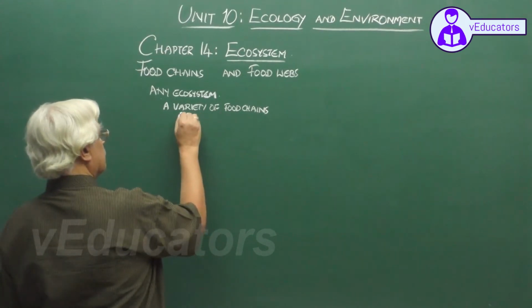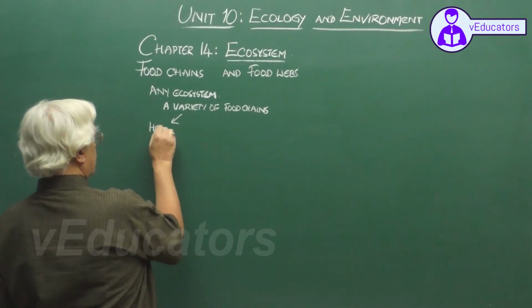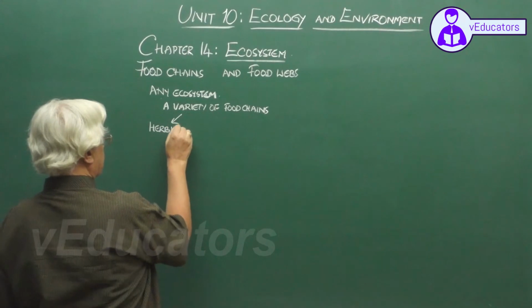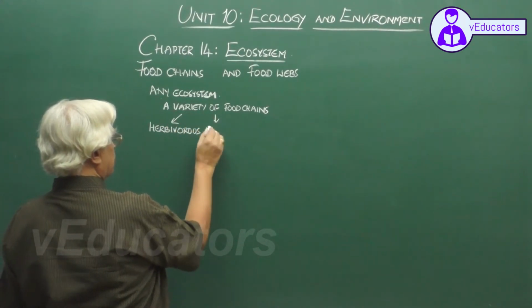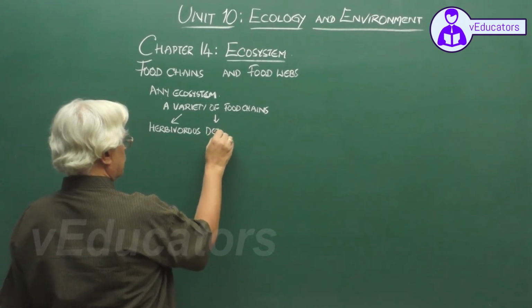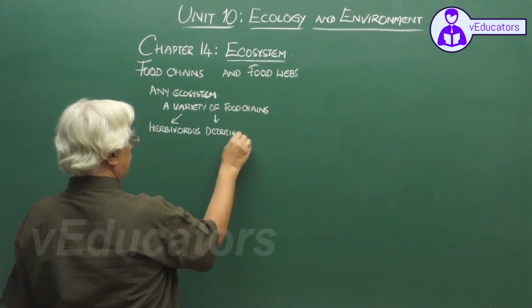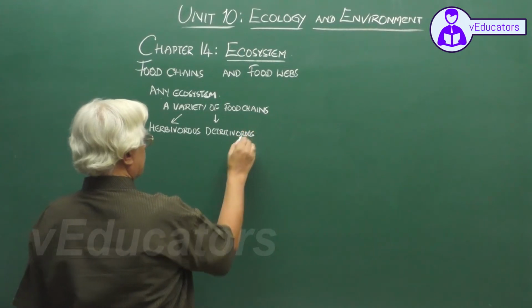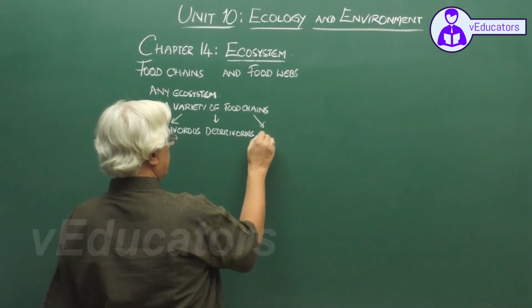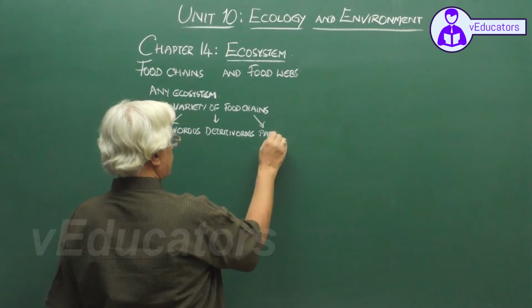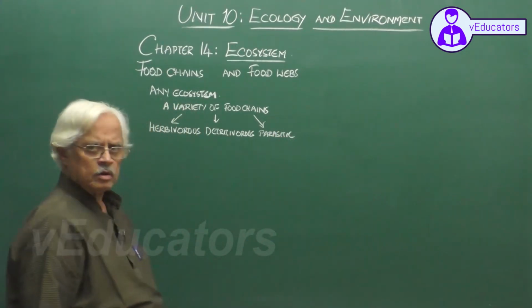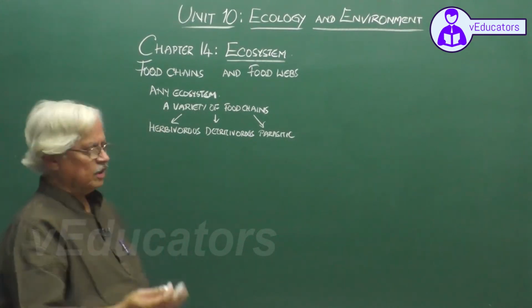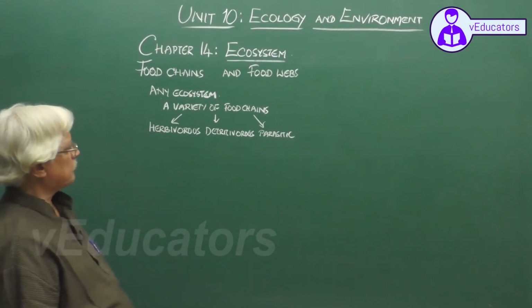So most of them may be herbivorous food chains. Some of them may be detritivorous, and some of them may be parasitic. All the three types of food chains may be present in a given ecosystem.